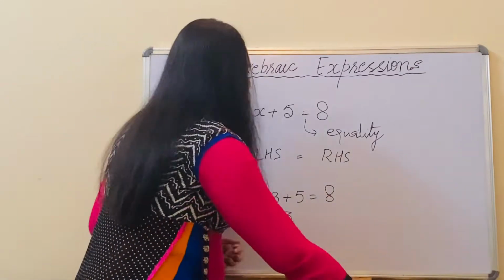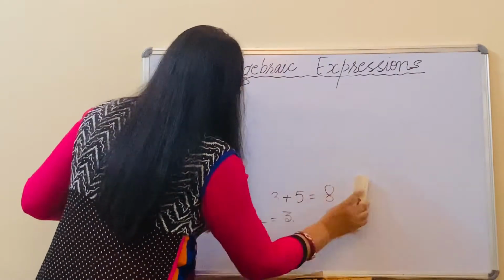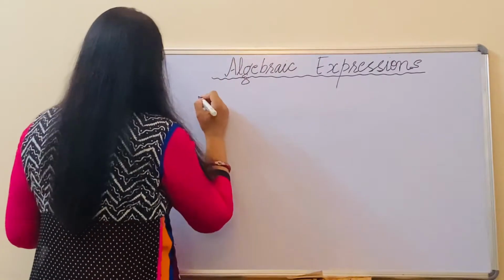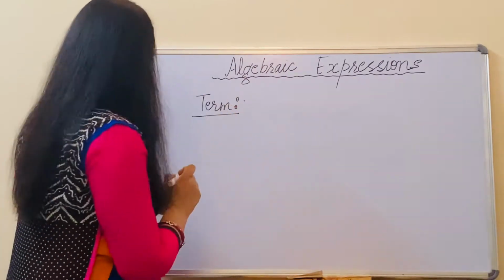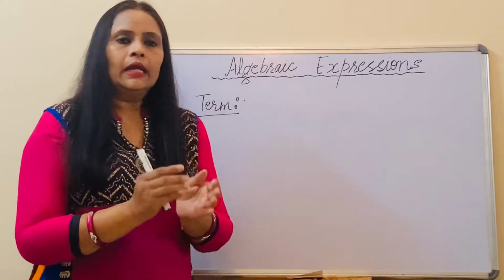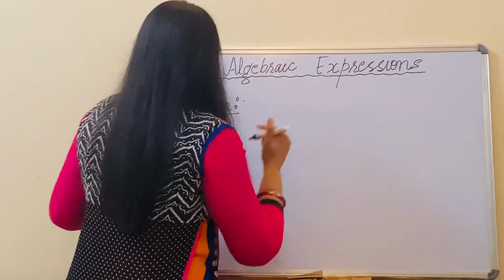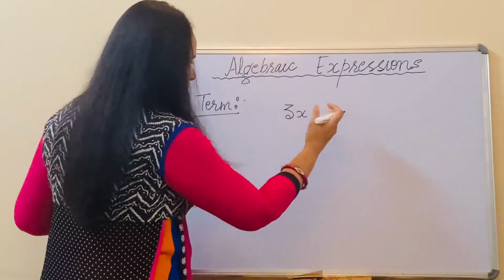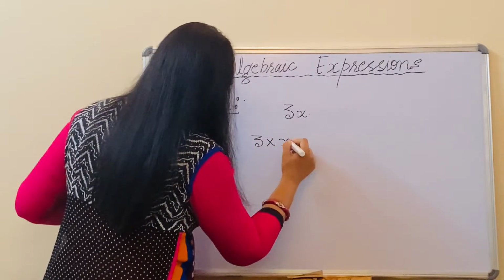So the next thing I am going to tell is the term. We should know about the term. What is a term? This is the representation of a variable with a constant in multiplication or division. For example, I am writing 3x, meaning its factors are 3 multiplied by x.